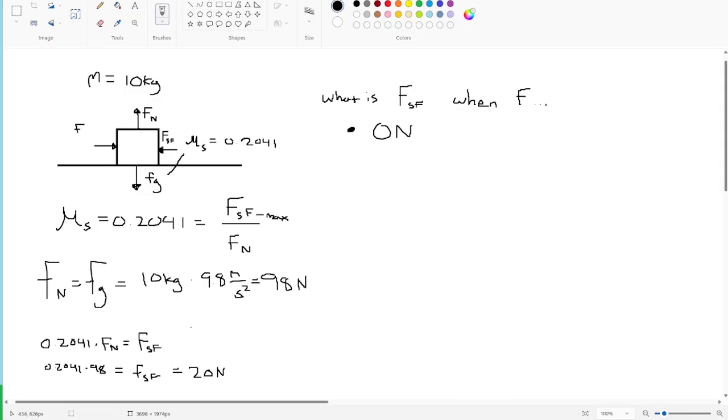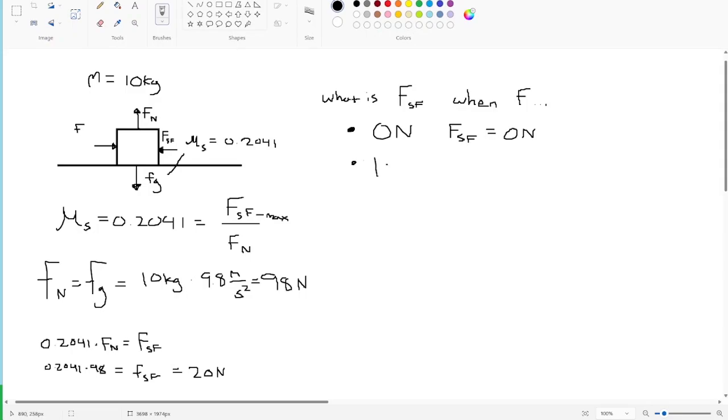But the force of static friction, for any force that's less than that, is going to be equal to a force that opposes motion. So in this case, if our force is going to try to move this block, and we apply 0 newtons of force, the force of static friction is just going to be 0 because it doesn't need to apply a force to oppose motion. Force of static friction in this case is going to be equal to 0 newtons.